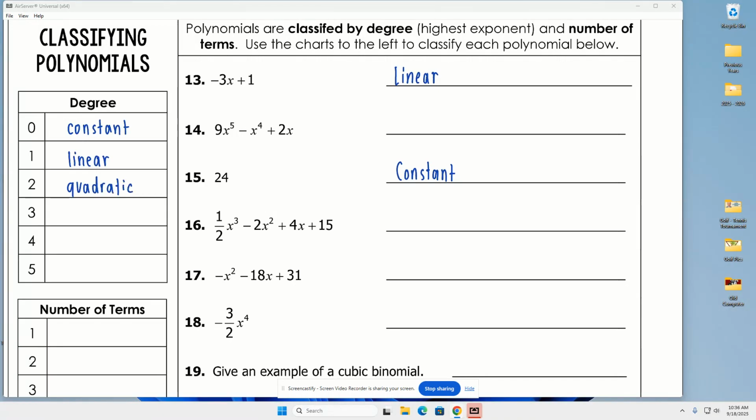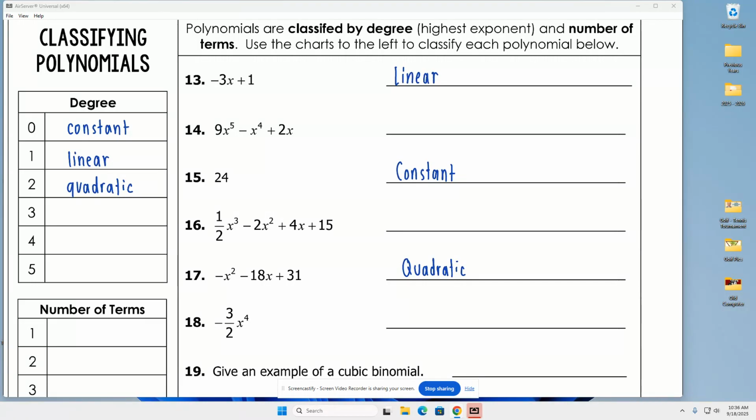Have y'all heard us say quadratic? Graphing quadratics. Quadratic formula. The quadratic formula only works when we're dealing with x squared as my biggest exponent. 17. Yep, 17 is quadratic because my biggest exponent is x squared.